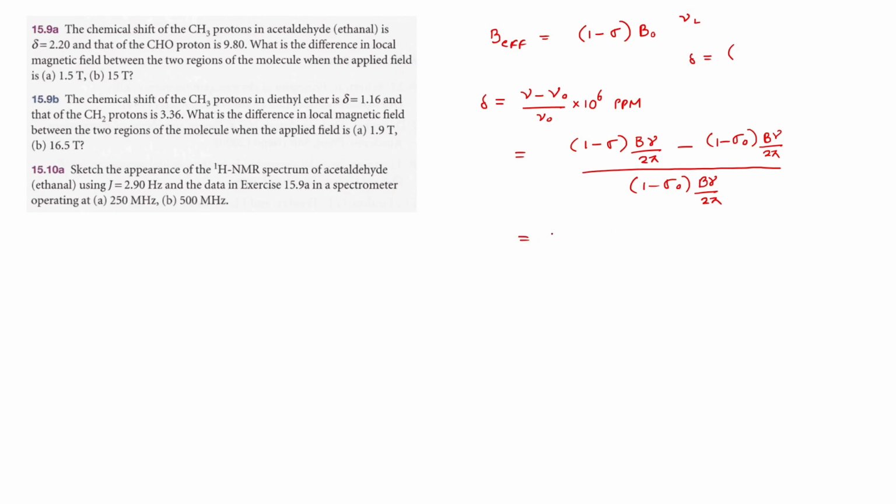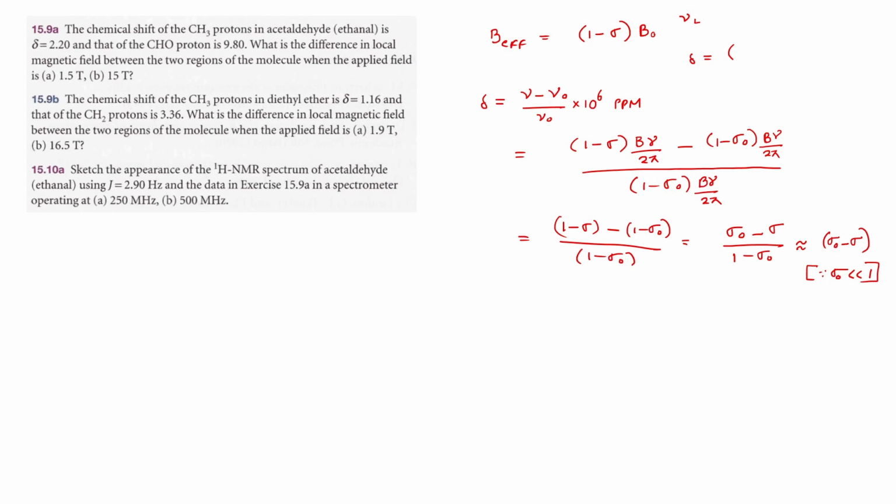Now this will cancel out, and you will get (sigma 0 minus sigma) by (1 minus sigma 0), which is actually equivalent to sigma 0 minus sigma, because sigma is very less than 1. Okay, you can write it like that.